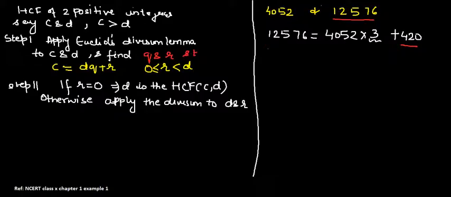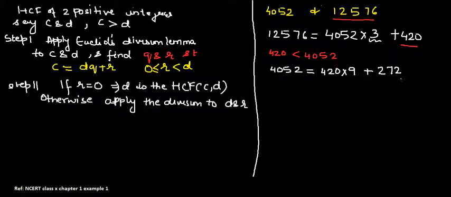Now 420 is less than 4052. So reapplying the division lemma, 4052 is equal to 420 into 9 plus the remainder, which turns out to be 272. Okay, so this is what we get.